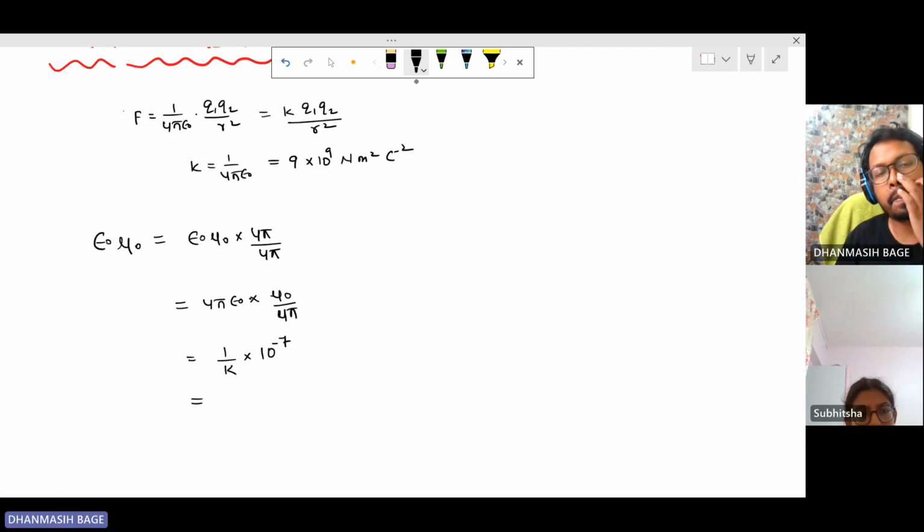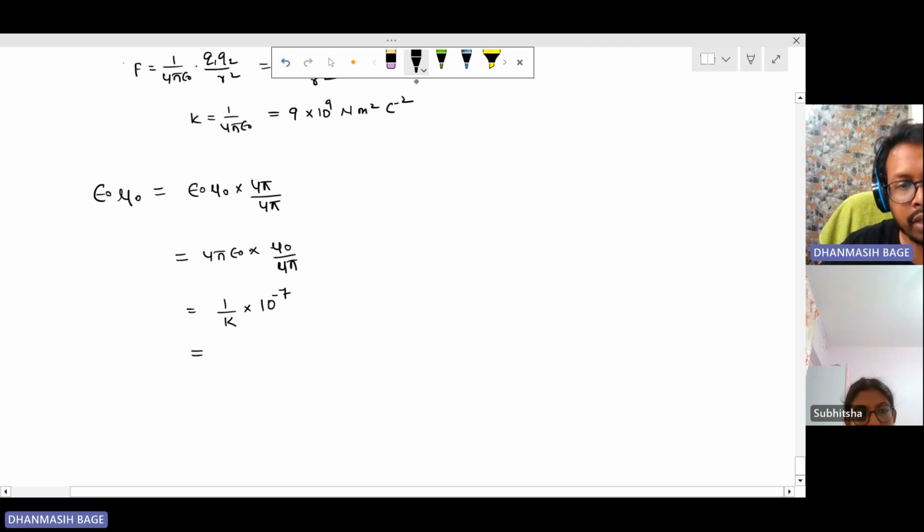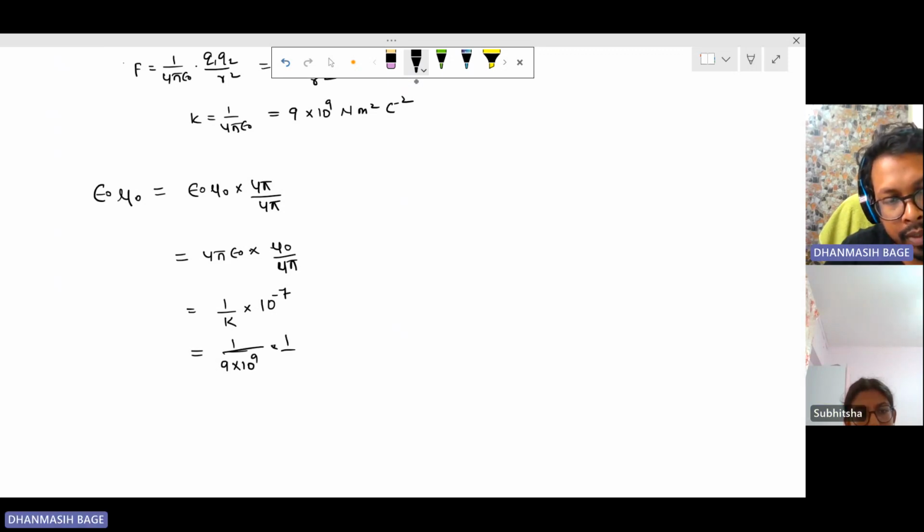So k is equal to, we can write, 1 by 9 into 10 to the power 9. And then this 10 to the power minus 7 will become 1 by 10 to the power 7, which is equal to 1 by 9 into 10 to the power 16.